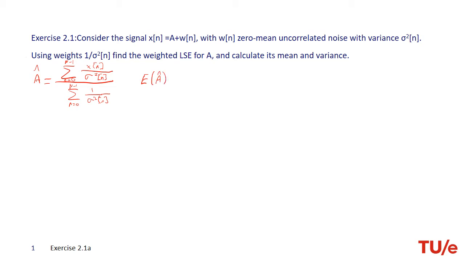To calculate this, we need to keep in mind two very important properties of the expected value. I'm going to note them down here. Say we have two random variables, a and b. The expected value of the sum of these two random variables is the sum of the expected values.